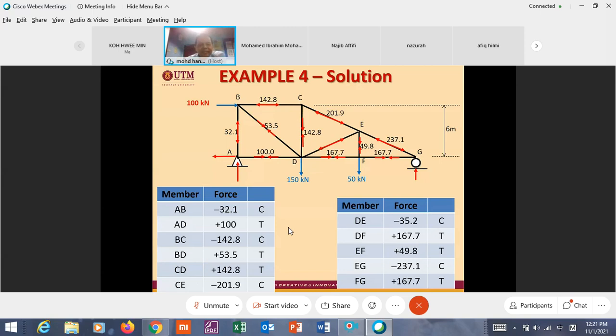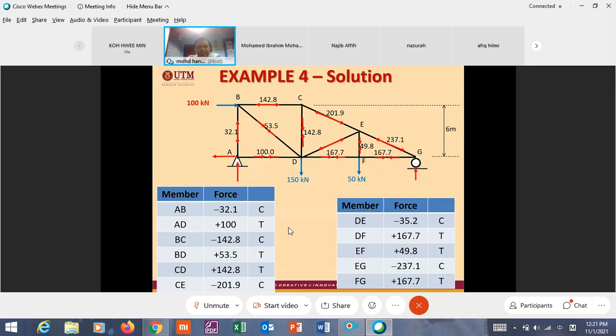So this is in tension. Do we need to write positive here? No. If you write positive, okay, but there is no need, because this arrow already shows that this one is in tension. Okay, I hope you understand it.